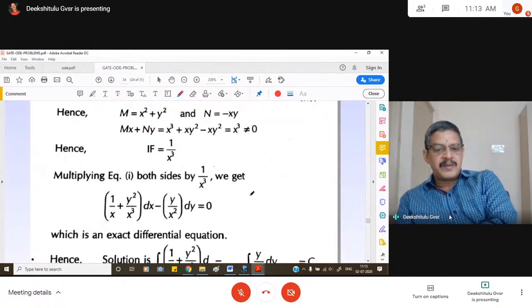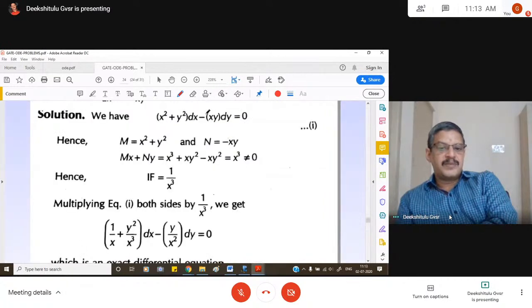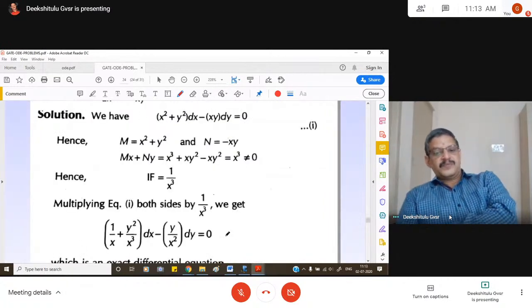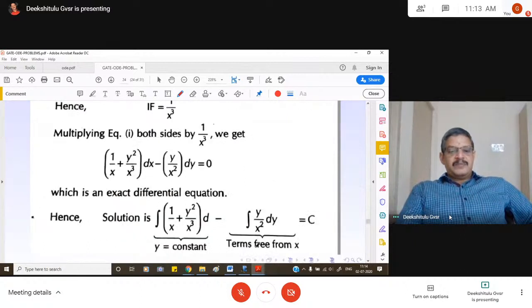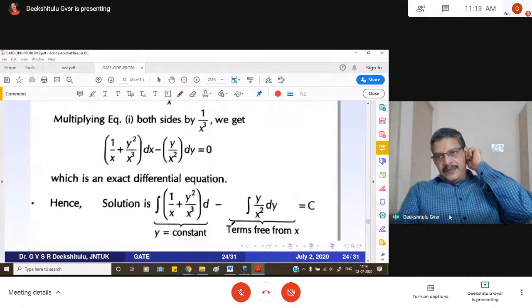If you multiply the equation with 1 by x cube, x square by x cube is 1 by x, plus y square by x cube dx minus y by x square dy is equal to 0, which is an exact differential equation.